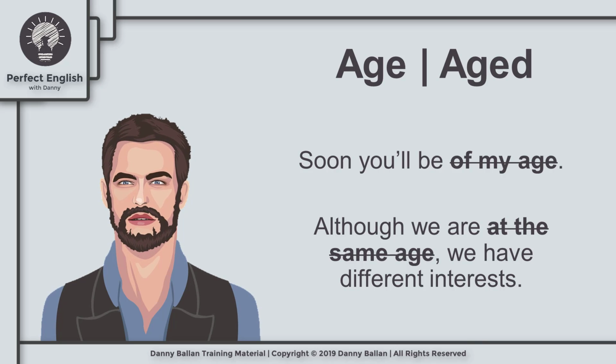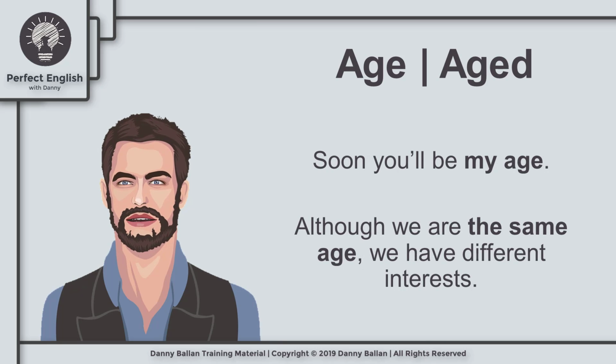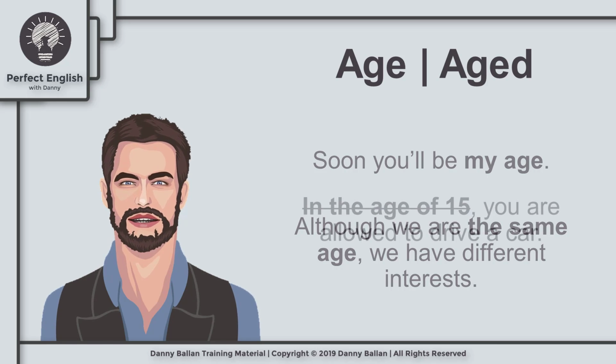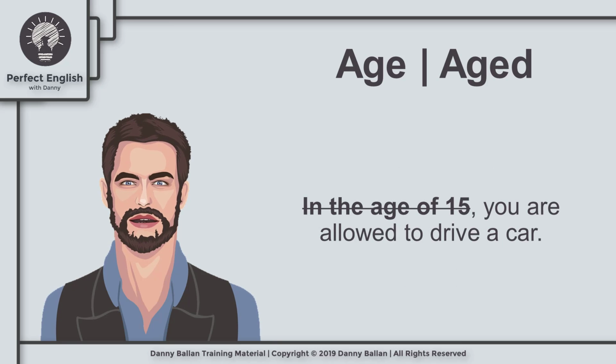So here we should go back to these two sentences and fix them by saying, soon you'll be my age without of. And for the second one, we should say, although we are the same age, we have different interests. And now let's take a look at another example. In the age of 15, you are allowed to drive a car.